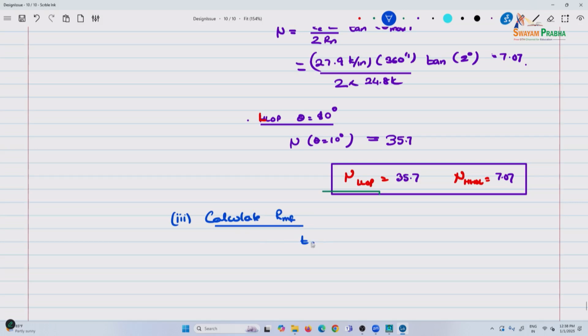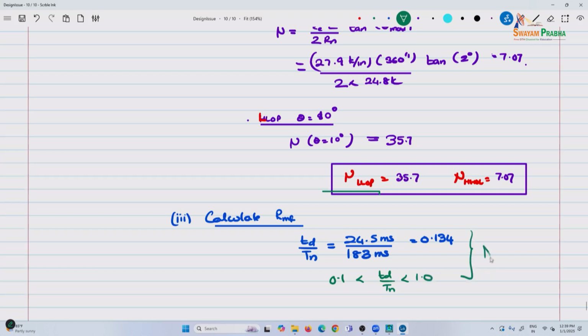Now TD by TN is 24.5 divided by 183, which is 0.134. So this is between 0.1 less than TD by TN is less than 1, so it comes in the dynamic range.